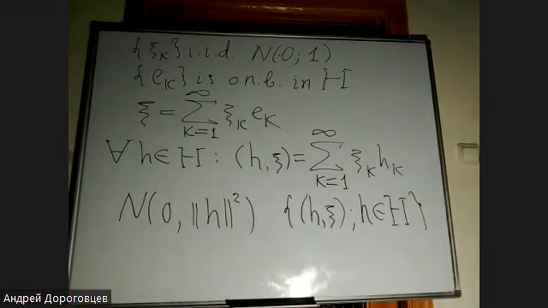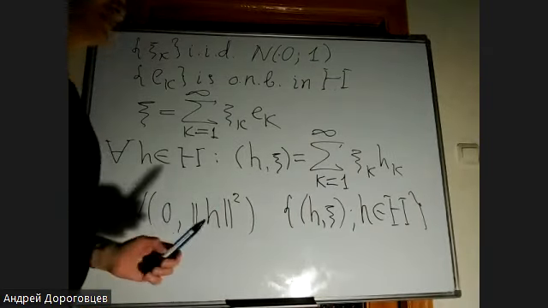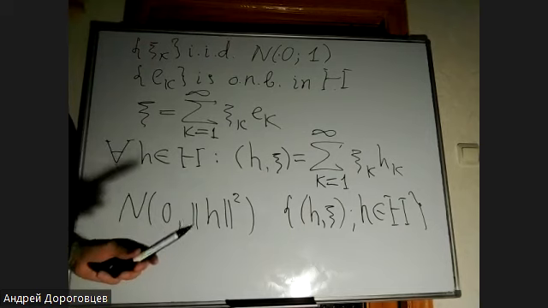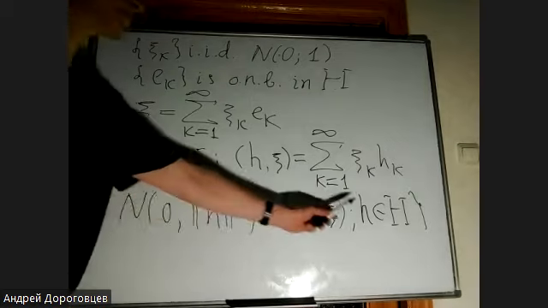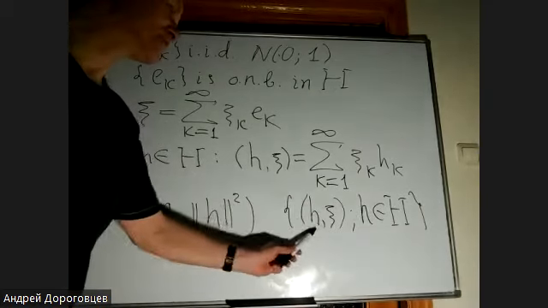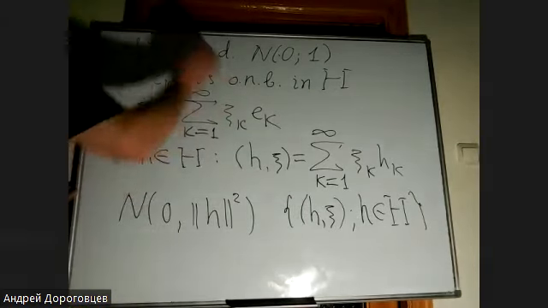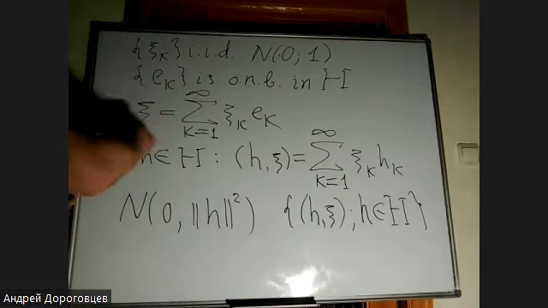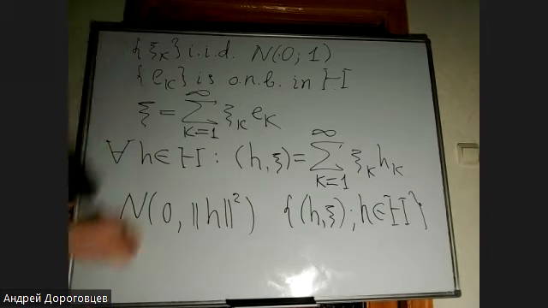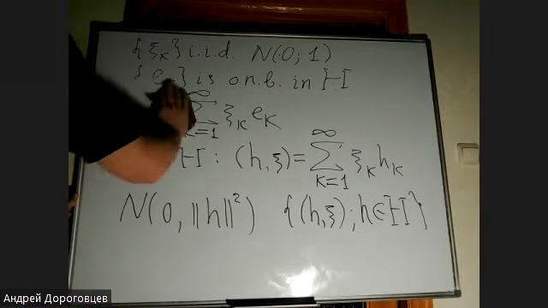Then we discussed the representation of random variables which are square integrable and measurable with respect to the smallest sigma field generated by this family, or it's better to say generated by this Gaussian white noise psi.